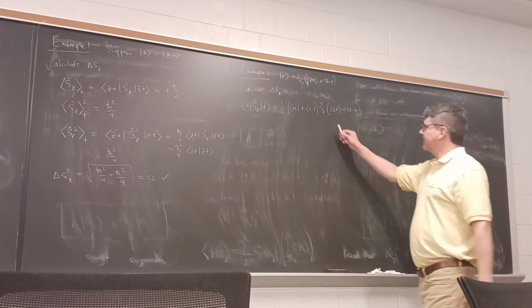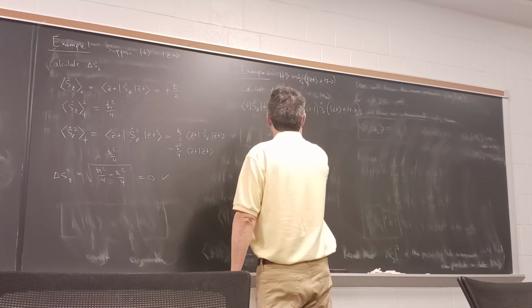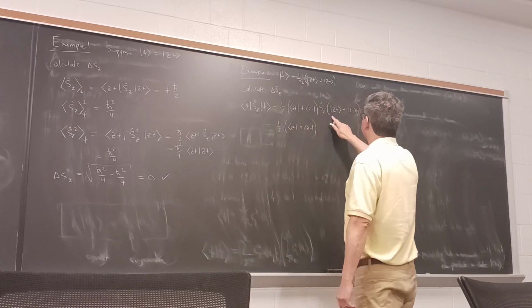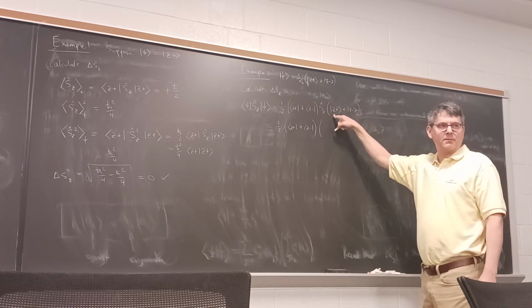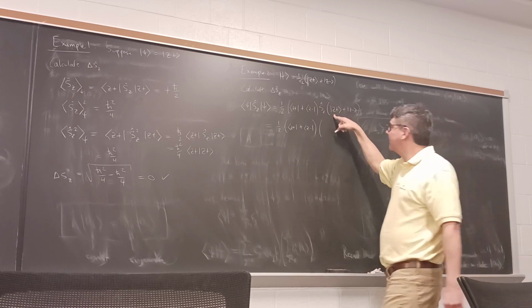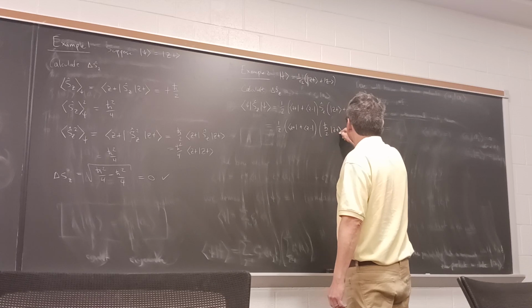So let's let SZ now run through here. So I'll have the same thing here. Now when SZ goes through here, what am I going to get in front of this z plus? Plus h bar over 2. Right. So I'll have h bar over 2 z plus.